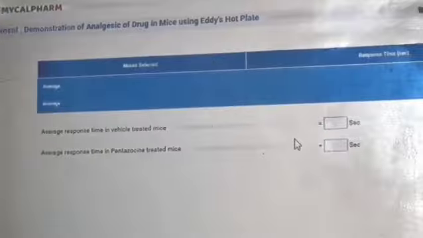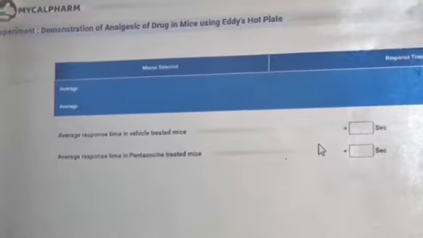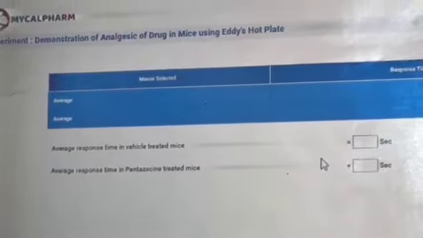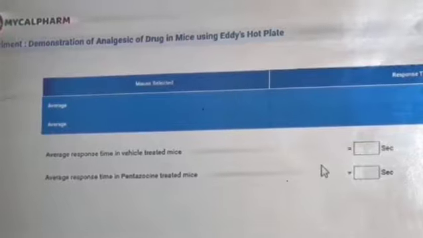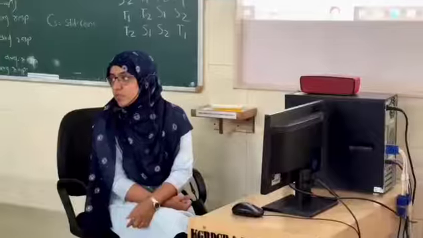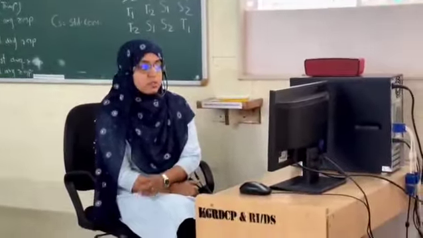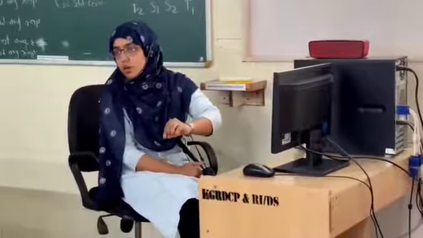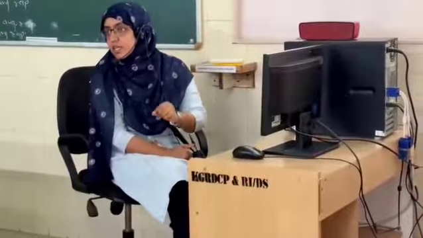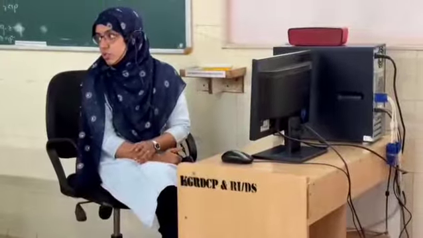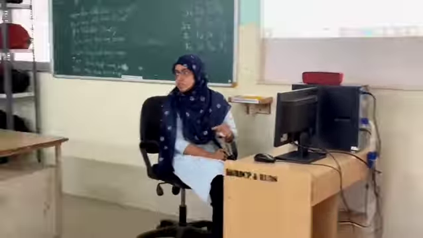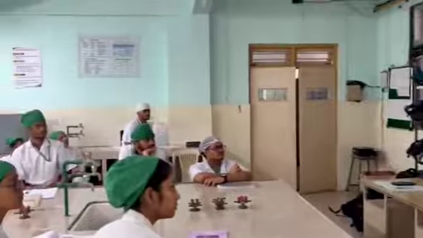We will observe these responses at various time intervals, for example 15 minutes, 30 minutes, 60 minutes, and 1 hour. Generally, we consider the values after 60 minutes of drug administration. After 60 minutes, we keep the animal on the hot plate and wait until it shows the response, and we record the time.